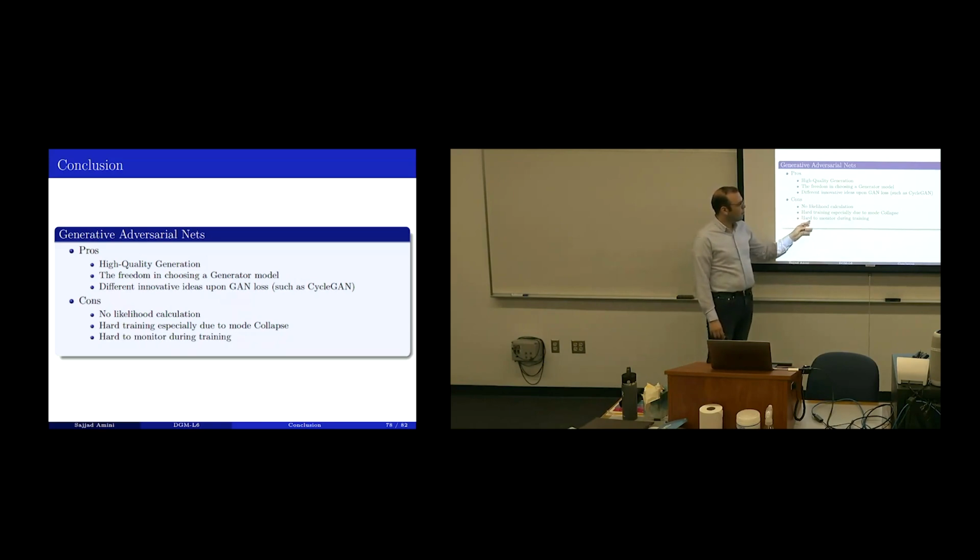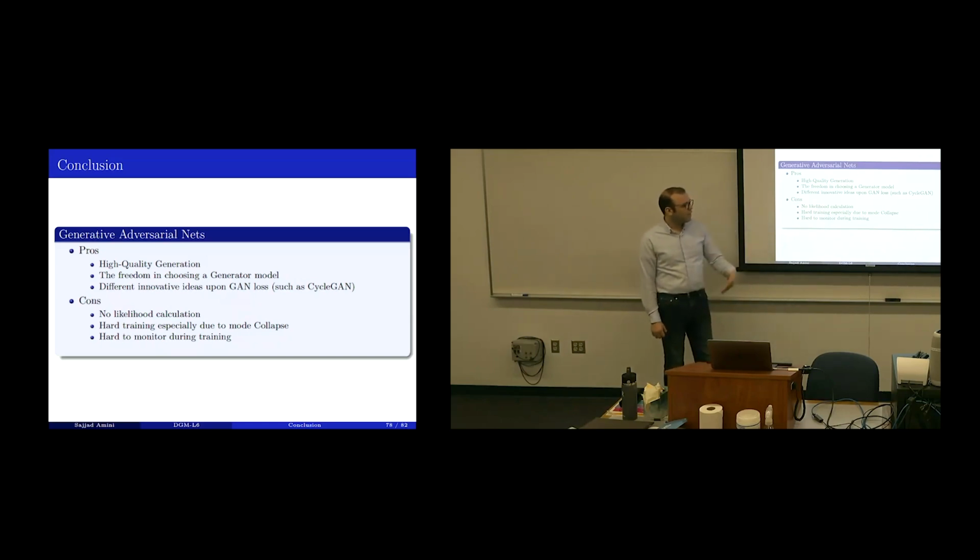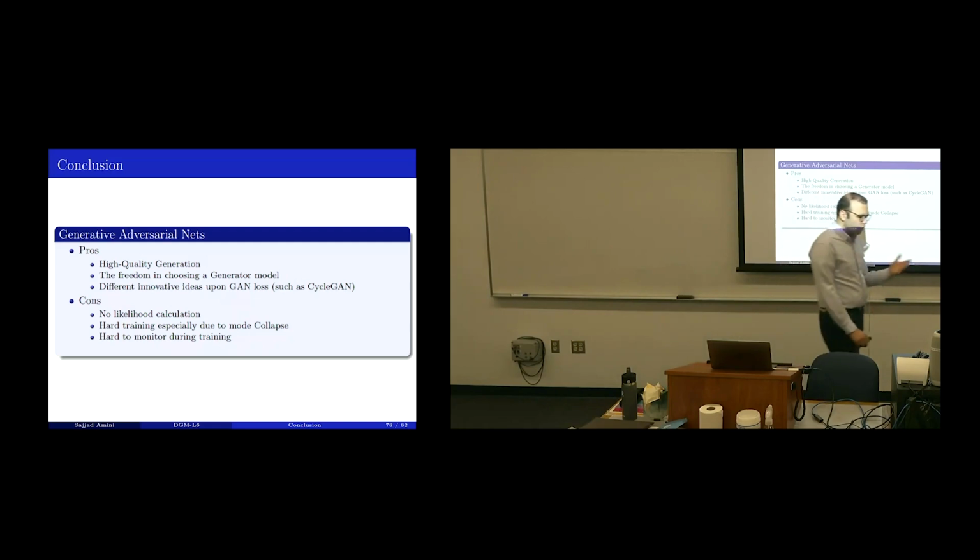And the other deficiency is with monitoring the training. When you have a likelihood-based model, or even in the case of VAEs, you can monitor the likelihood or a lower bound to the likelihood. But in the GAN, you do not have such things. You may use some inception score or other metrics used for evaluating generative models, but there is nothing that is aligned with the training.